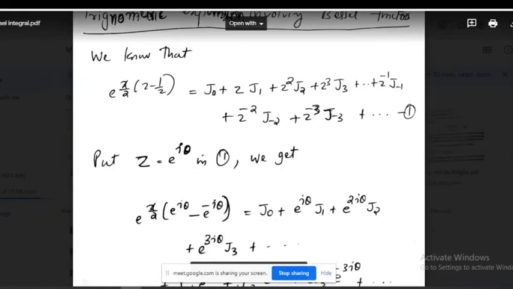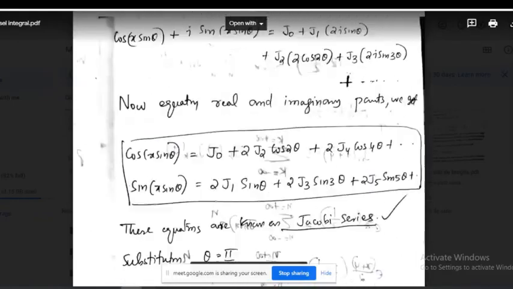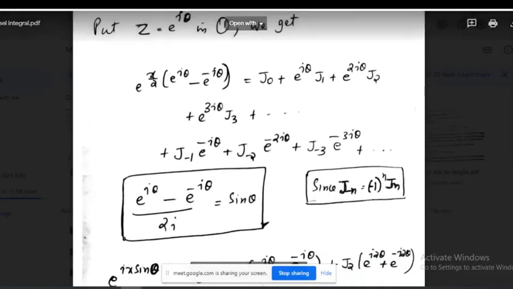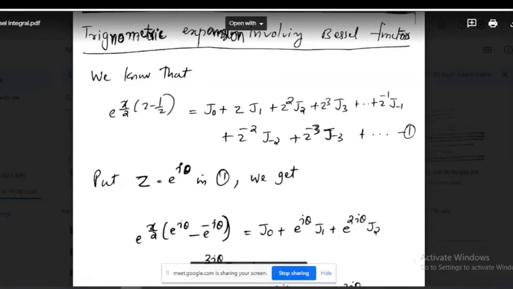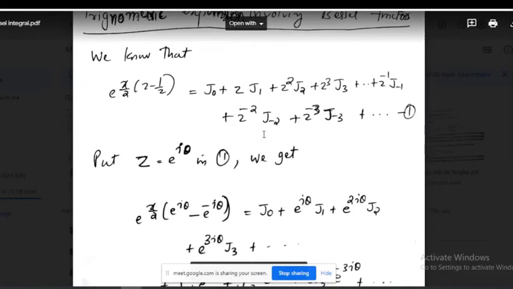But before going into the Bessel integral, let's see a trigonometric expansion involving the Bessel function, which we do from the generating function. We have just seen that this is the generating function, and on the right hand side, I can write J0, z J1, z square J2, z cube J3.